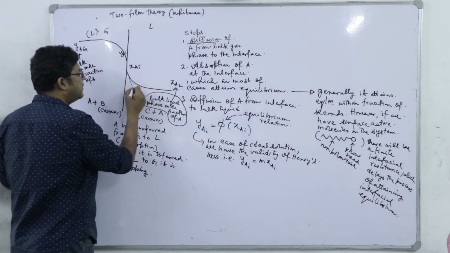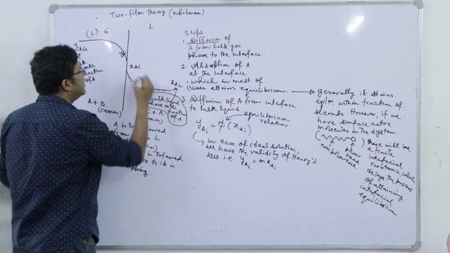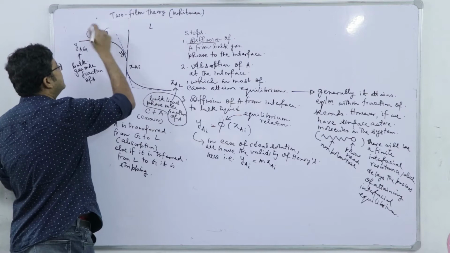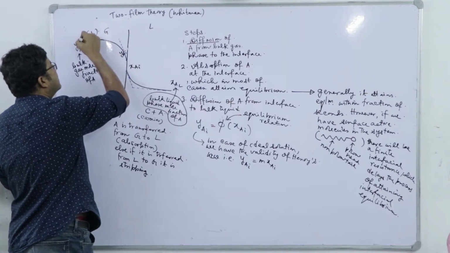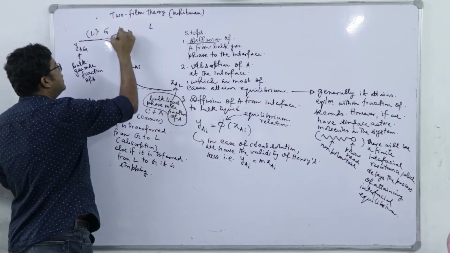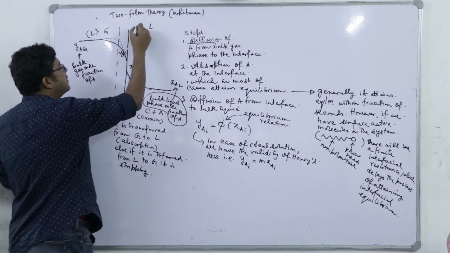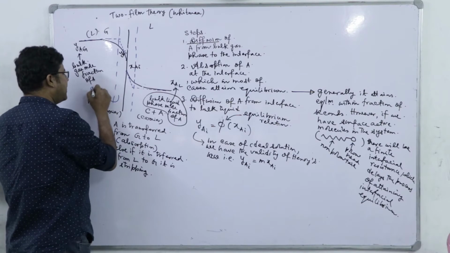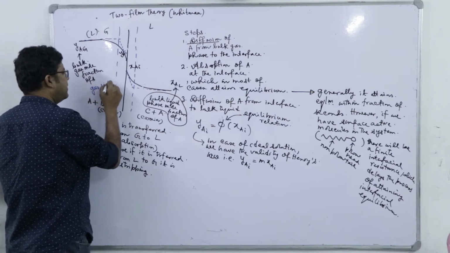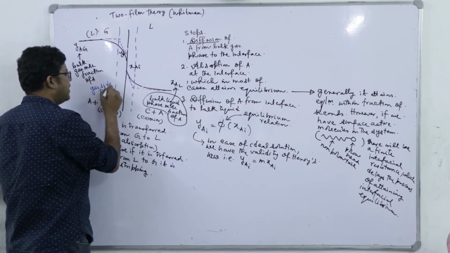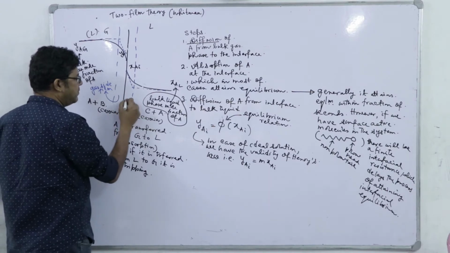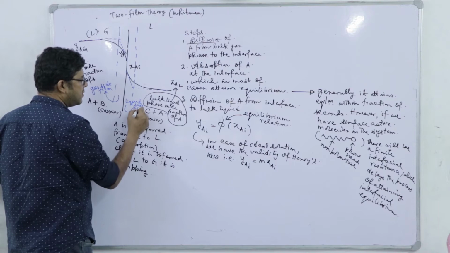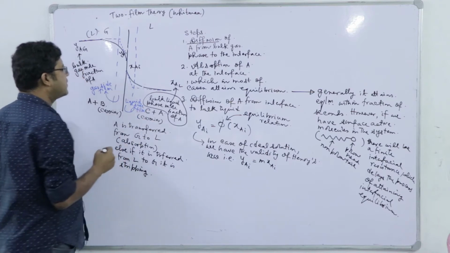We can think of this linear concentration profile, which is the tangent to the existing one at the interface, and here you see that there will be films, the gas side film and this is the liquid side film, right?